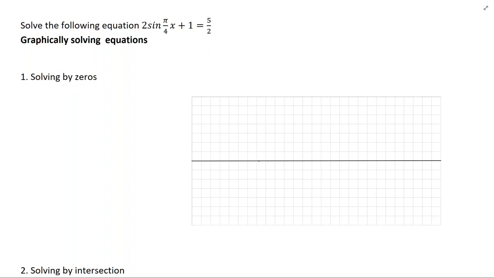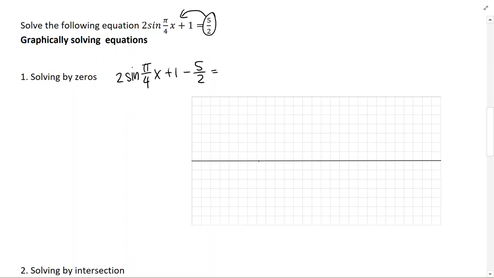So solving by zeros basically means the same strategy that we used for the red graph above. We're going to move everything to one side and make our equation equal to 0. So if we move this 5 over 2 to the other side, it's going to look like the following: 2 sine pi over 4x plus 1 minus 5 over 2.